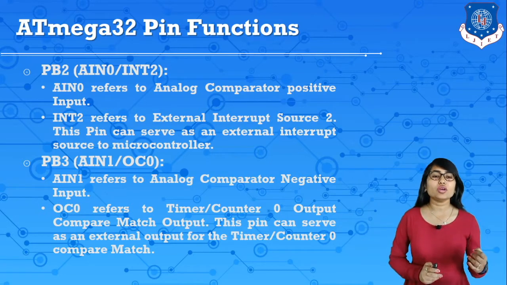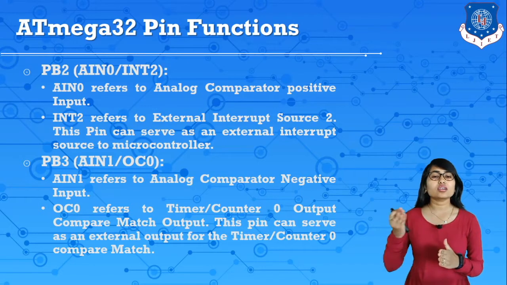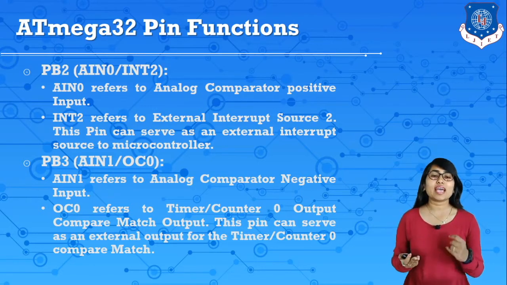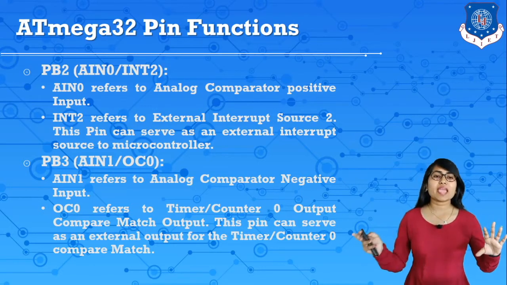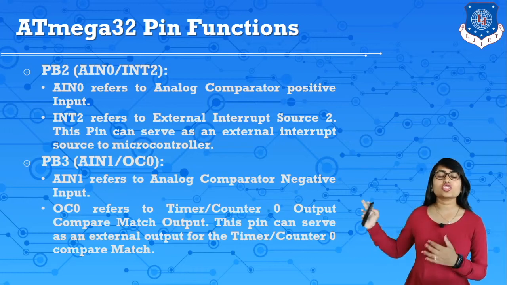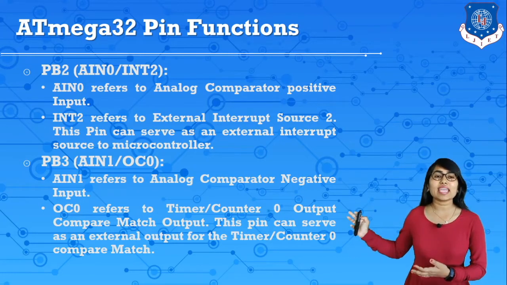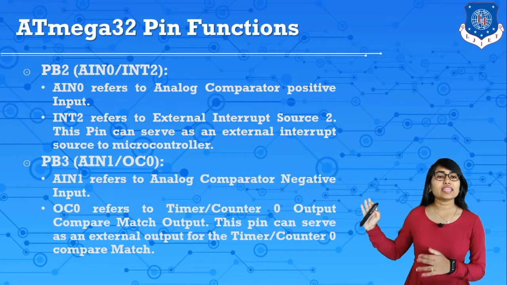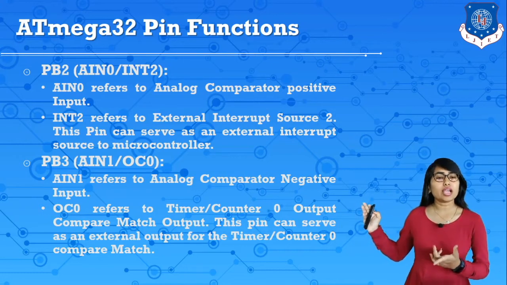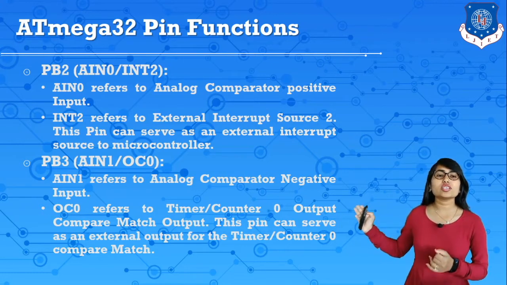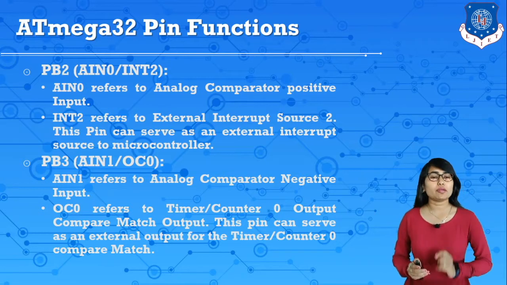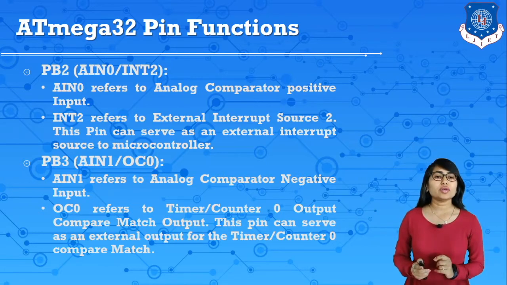In a timer, whenever a counting sequence is completed, that means the output is matched with the timer sequence. So this OC0 is activated whenever there is a completion of timer counting. This OC0 is basically the output compare match for timer 0.